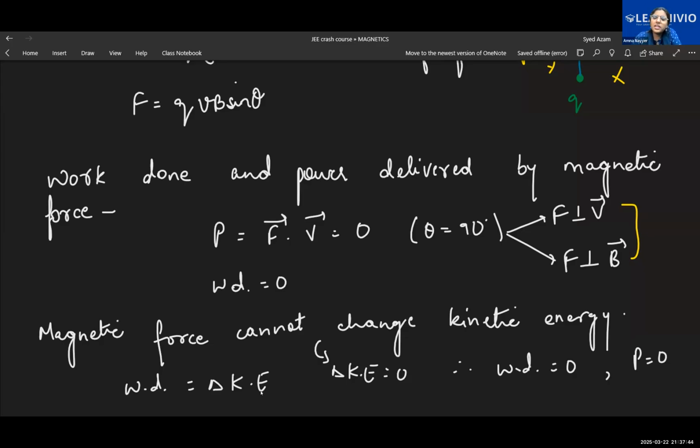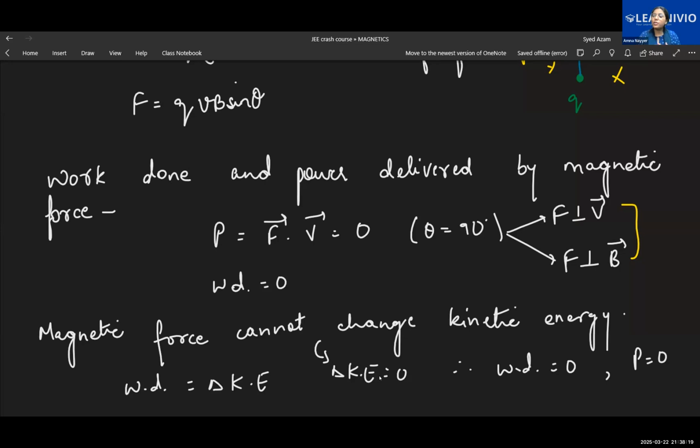So if the work done is 0, the change in kinetic energy will also be 0. There is no change in kinetic energy. If there is no change in kinetic energy, there won't be any change in the speed too. So have this conclusion in your mind that the magnetic force cannot change the kinetic energy.